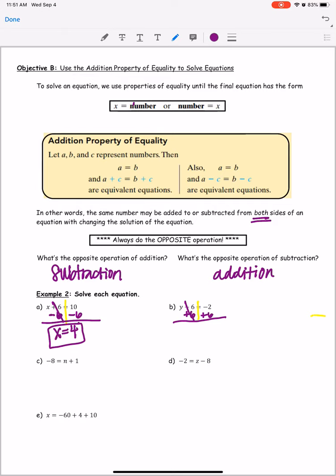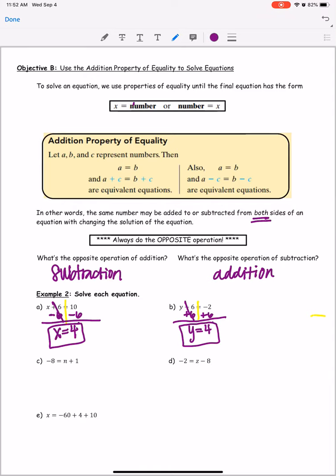And so those cancel each other out, right? Because y plus 0 is the same as just y. So we don't need that plus 0 there. Just cancel it out, get it out of the way. So I've got y equals, and now we've got negative 2 plus 6, so we get 4 again. All your answers aren't going to be 4 though, I promise you that.